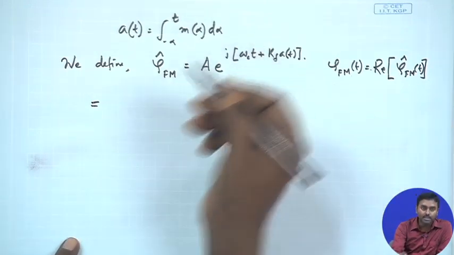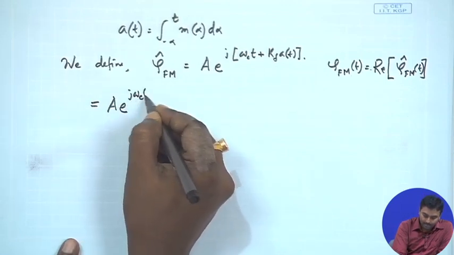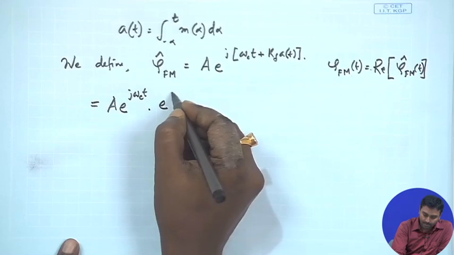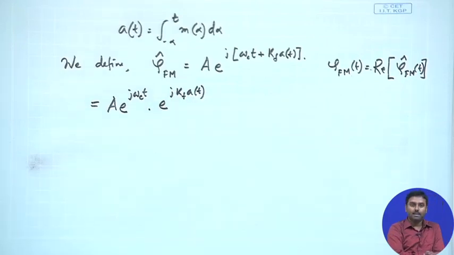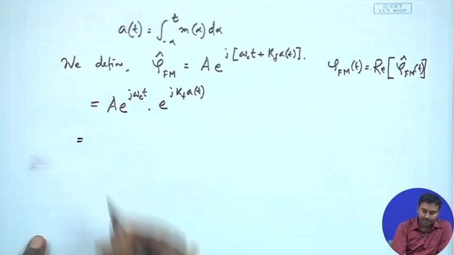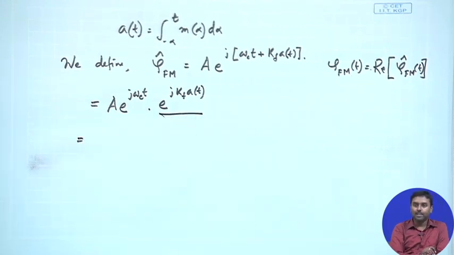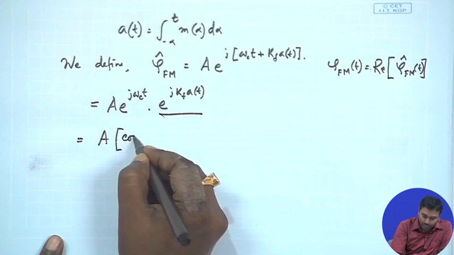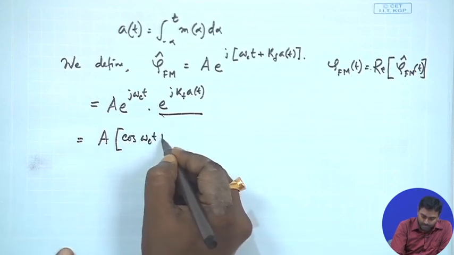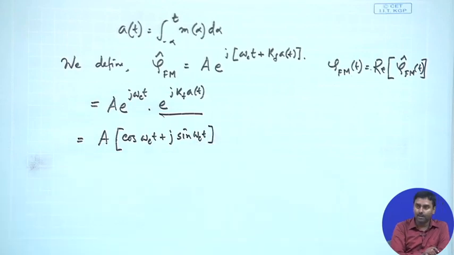So, let us try to see. I can write this as e to the power j omega_c t times e to the power j Kf a(t). Now, what I do is expand this in an exponential series, nothing else, and the other factor I write as cos omega_c t plus j sin omega_c t. You will see why I am writing this.